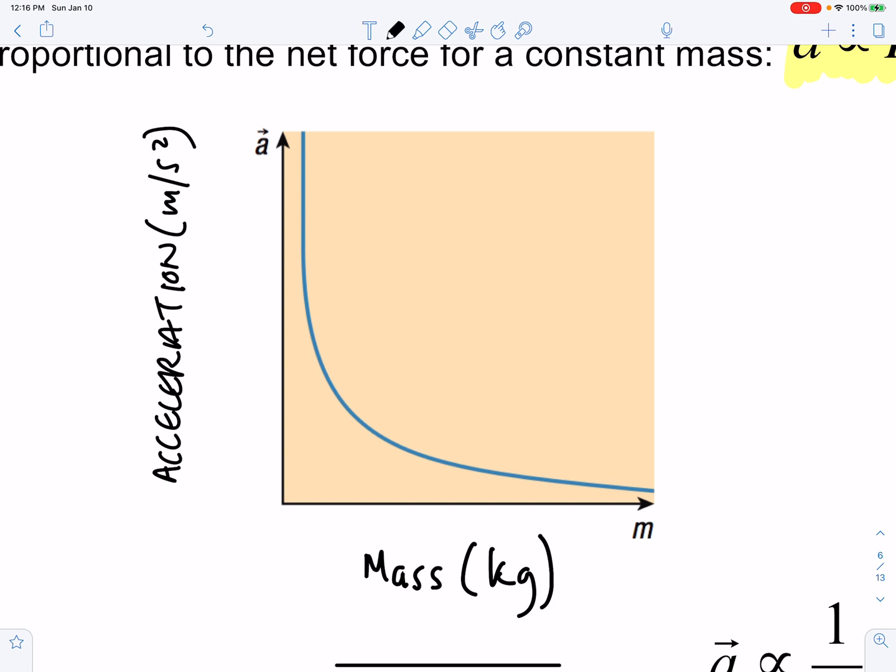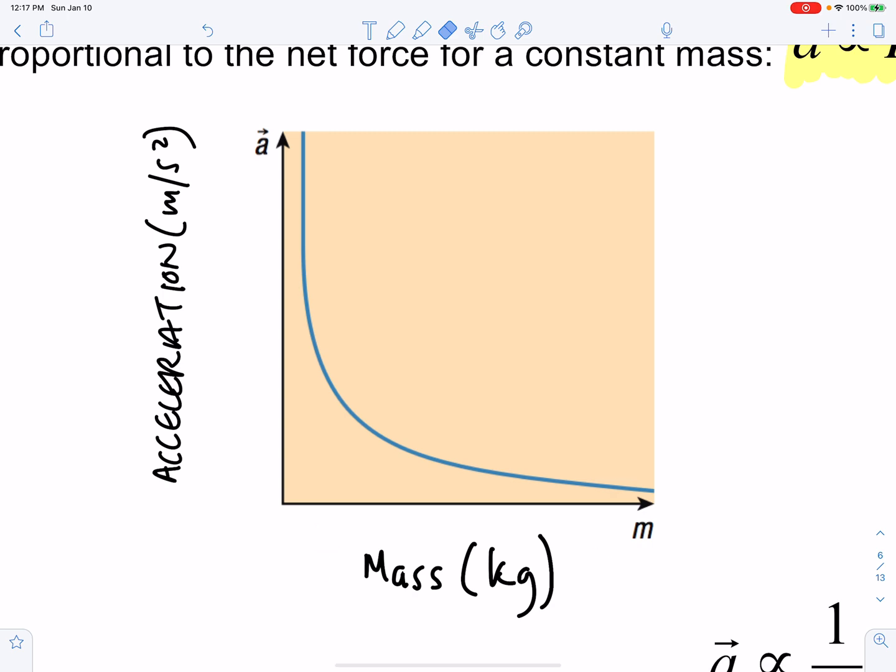When you see this type of graph, if you've studied math before, you know that this is called an inverse relationship. And what it means is, when the acceleration is high, the mass is low, and when the mass is high, the acceleration is low. So again, when the mass is small, acceleration is high, and when the mass is large, acceleration is low.